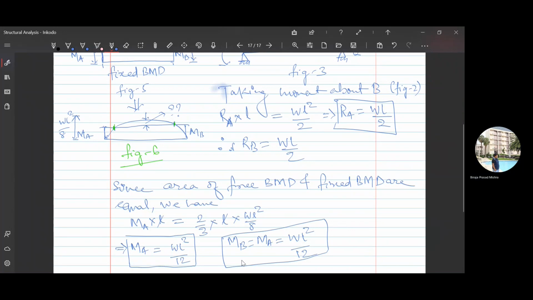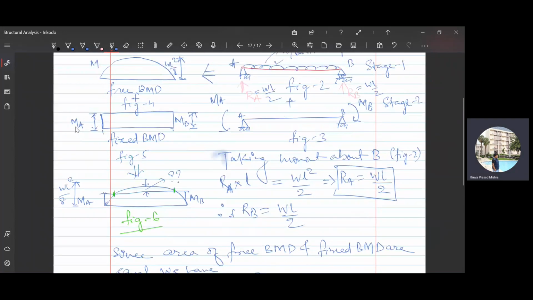Okay. So we have found out MA is WL square by 12, MB is WL square by 12. So here I can write, it is WL square by 12. This one is WL square by 12.